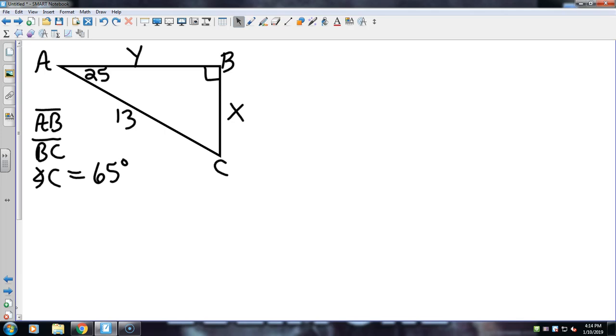Let's find BC first. We have opposite and we have hypotenuse. So remember our SOHCAHTOA. That's opposite over hypotenuse, so sine of 25 equals x over 13.